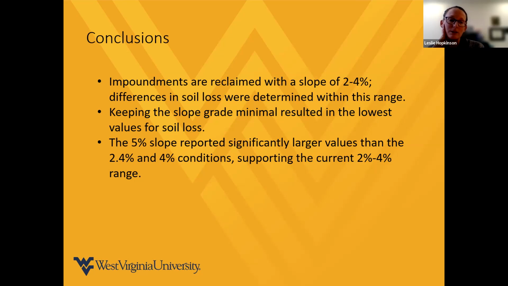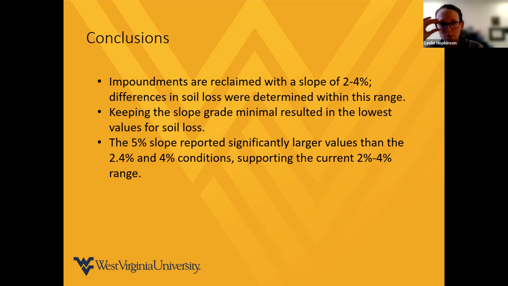We found differences between the 2.4%, 4%, and 5%. This supports that range and keeping the slopes low. However, we did see ponding on the site, and the intent is to reduce ponding after reclamation.